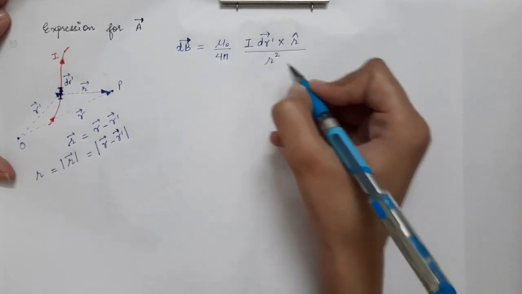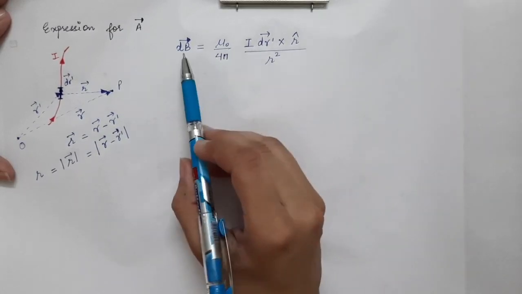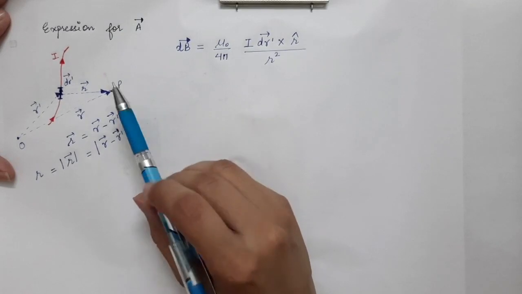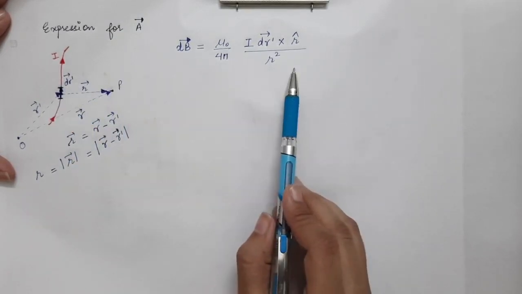This formula we have also seen in the previous lecture. So the magnetic field at the observation point due to this current element is given by this expression.